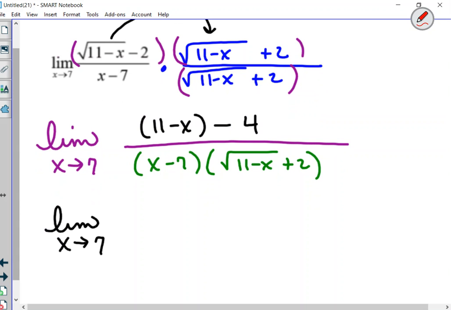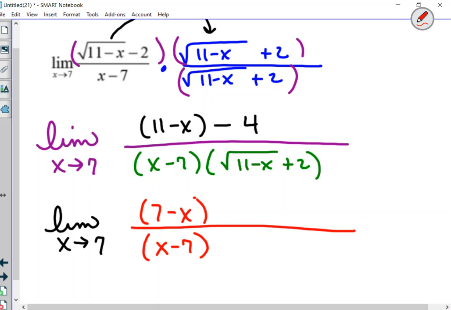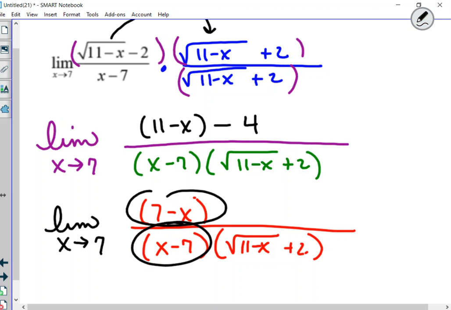So that is what's in the numerator with other stuff in the denominator. Okay, friends, those are not the same.